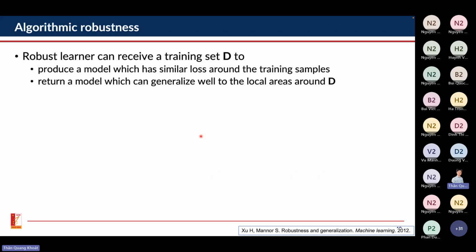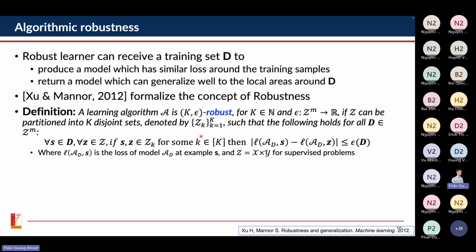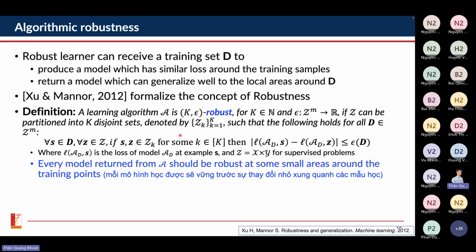That's a very good connection, a very great connection. And this connection was discovered more than 10 years ago. And here is the result.